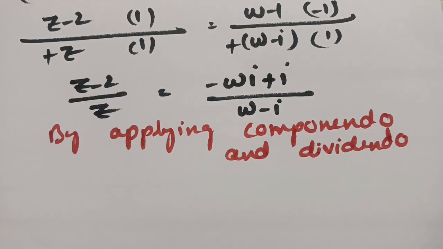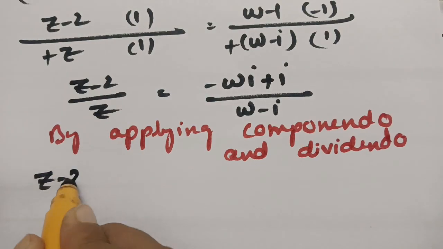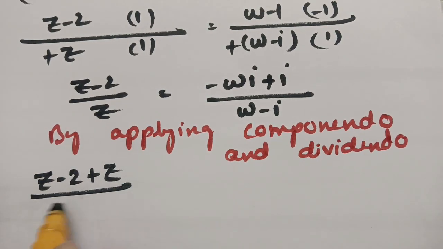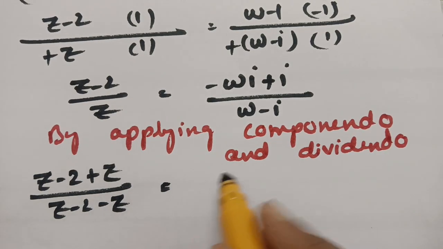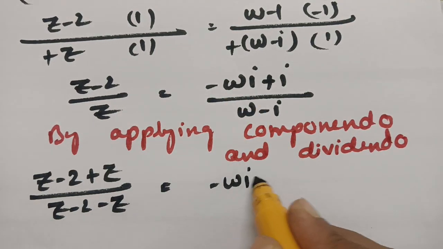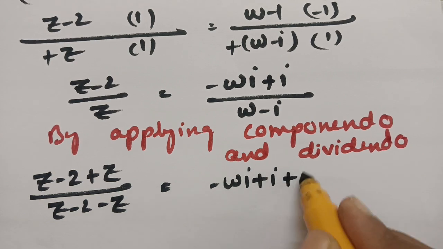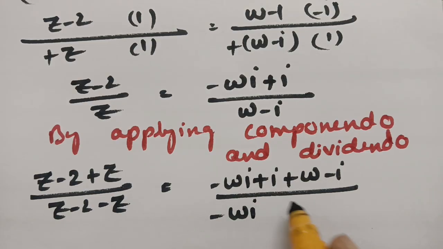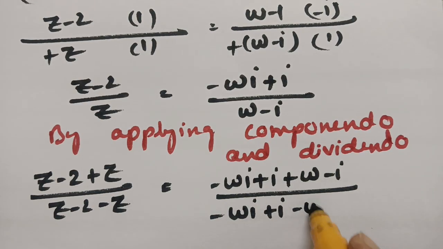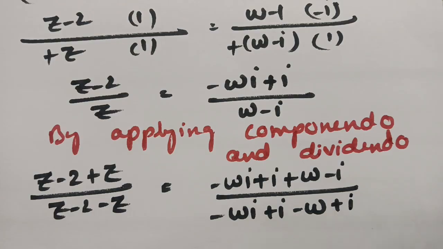see here, this will be z minus 2 plus z and this is z minus 2 minus z. And here this is going to become minus w i plus i plus w minus i by minus w i plus i, this is minus w, this value is plus i.